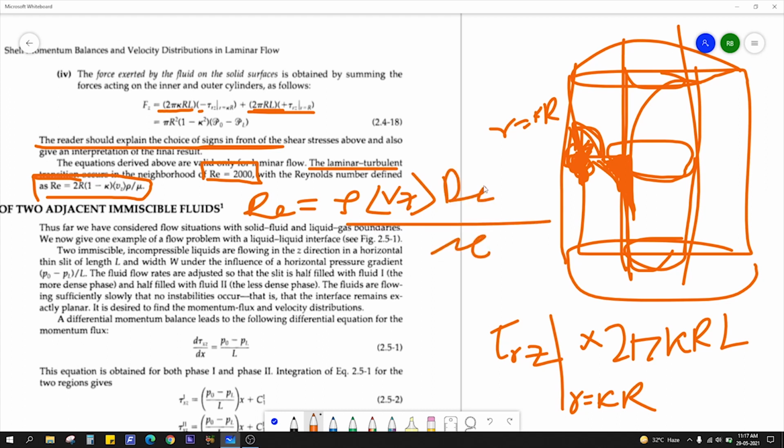So what will be the effective diameter? You know, hydraulic diameter, 4 into hydraulic radius. What is RH? RH is nothing but flow area divided by wetted perimeter. So simply use that formula, derive it, and you will come to this.